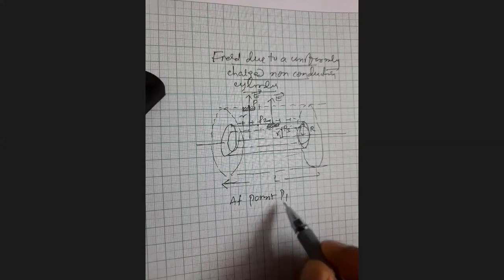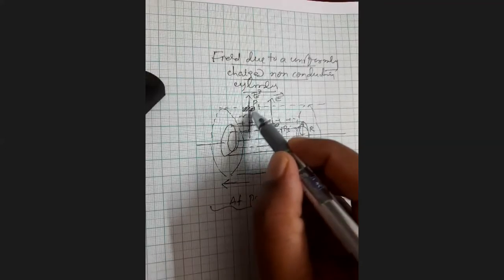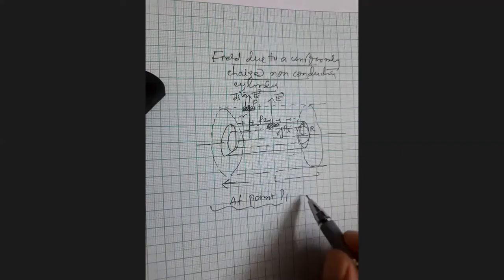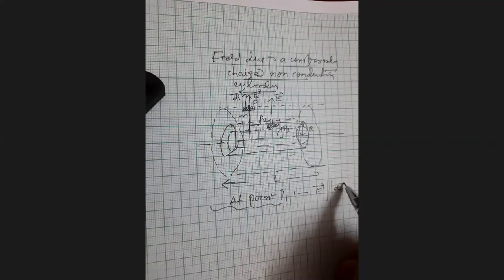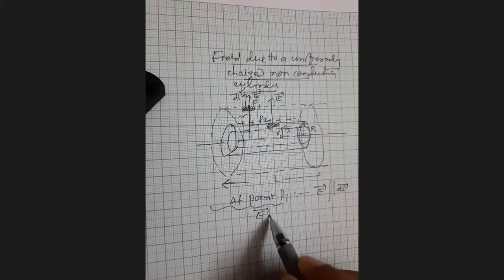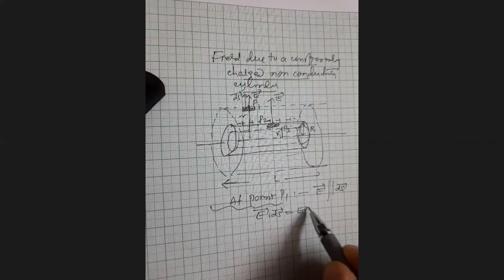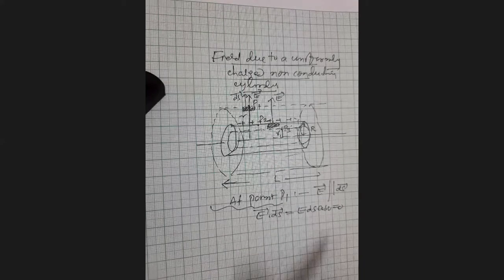At the circular surfaces, the area vector ds bar is parallel to the axis, so E bar is perpendicular to ds bar, and E bar dot ds bar equals E ds cos 90, which equals 0.